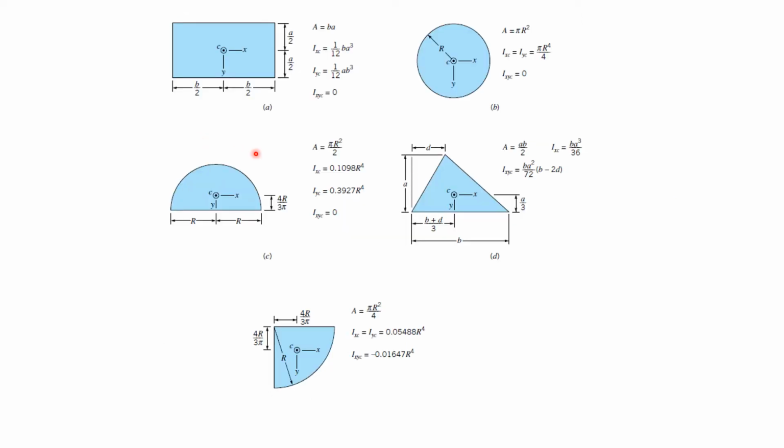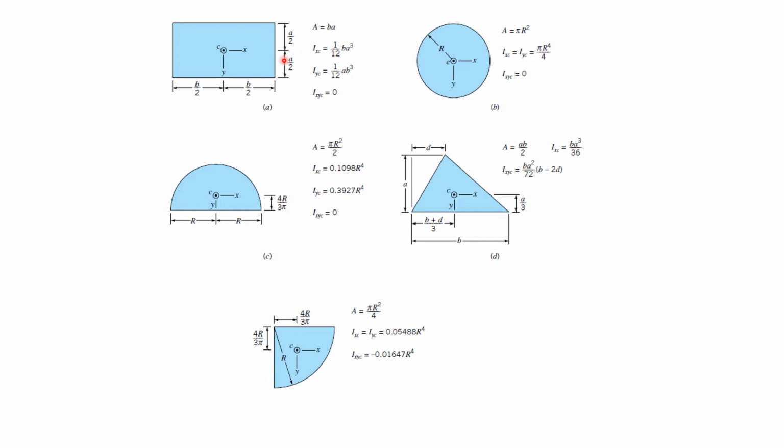This is the standard chart which can be used to find the centroid and the second moment of area, which is IXC, IYC, IXYC, for different shapes. If you want to find the centroid of this semicircle, it is equal to 4r by 3 pi.